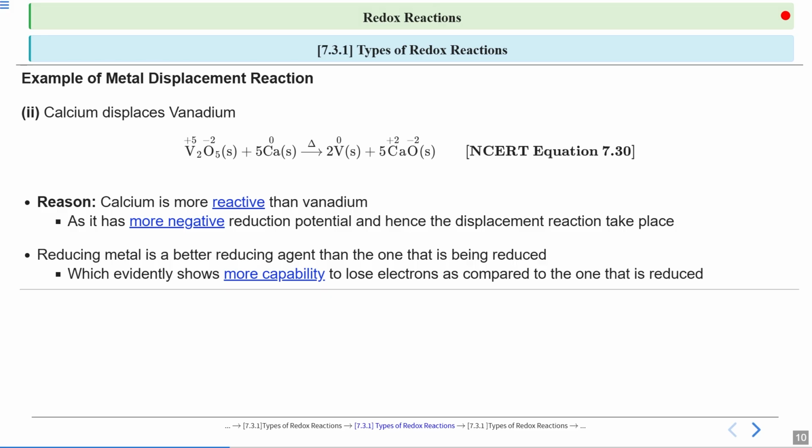So what does this show? This evidently shows more capability to lose electrons as compared to the one that is reduced. So this is all that is meant by reducing metal. I hope this is clear to you.